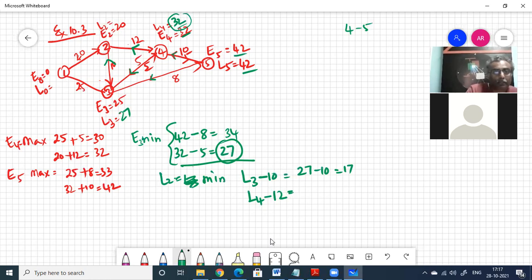Now this one is coming. 27 minus 10 is 17. Or L4 minus 12, 32 minus 12 is equal to 20. No, this one will not come. This is only that 20 only. Only one direction.